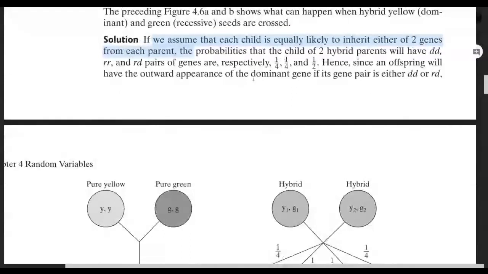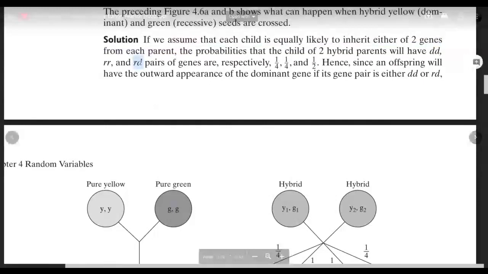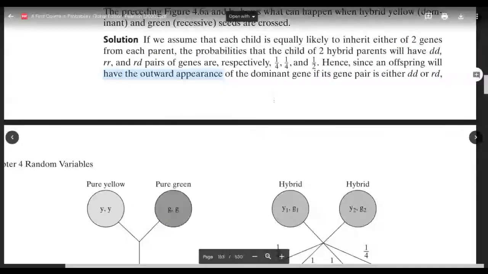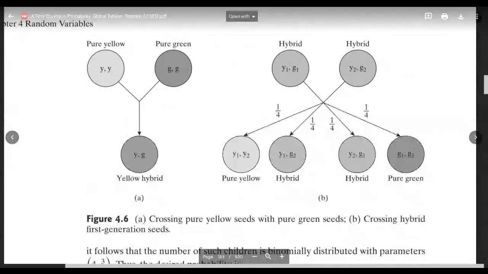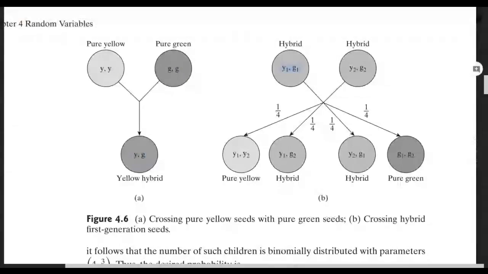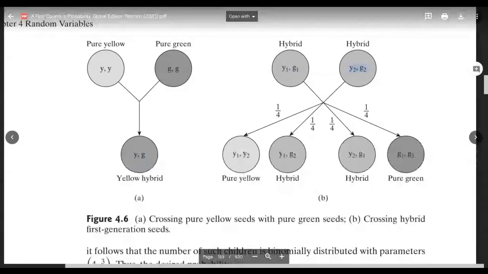The probability that the child of 2 hybrid parents will have DD, RR, and RD pairs of genes are respectively a quarter, a quarter, and a half, because we could have RD and DR. Hence, the offspring will have the outward appearance of a dominant gene if its gene pair is either DD or RD. Four children, right?